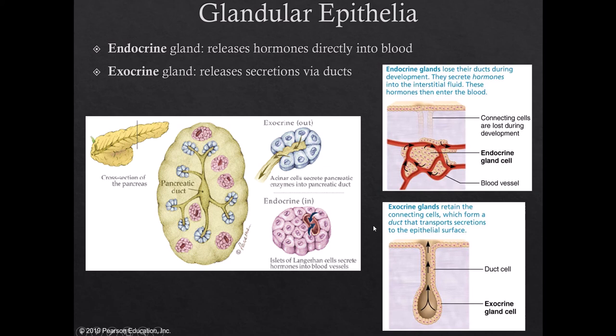So the endocrine cells of the pancreas are called the islet cells, and they produce two hormones that help us regulate our blood sugar into the blood, whereas the acinar portion of the pancreas produces digestive enzymes that travel through ducts to eventually go into the small intestine in order for us to digest our food. So the pancreas is kind of a cool example of an organ that has both exocrine cells in it as well as endocrine cells in it.